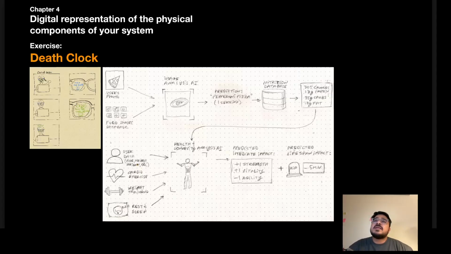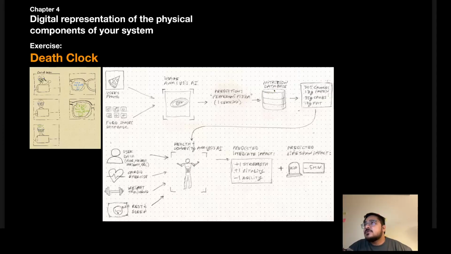Based on whatever you performed there, now you have to create a digital representation of the same: the user's photo will be matched with the database of food images, and then fed into the image analysis AI, so it will confirm that okay, this is a pepperoni pizza of one serving, and it will be checked with the nutritional database of the same.